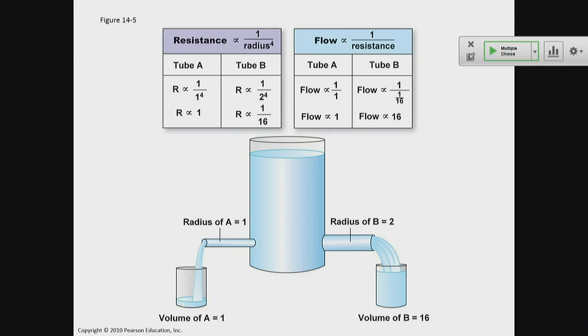So that means the resistance will increase. So if the radius is 1/2, the resistance will increase by a factor of 16. And the inverse is, of course, also true. If you double the radius, the resistance will decrease by a factor of 16.